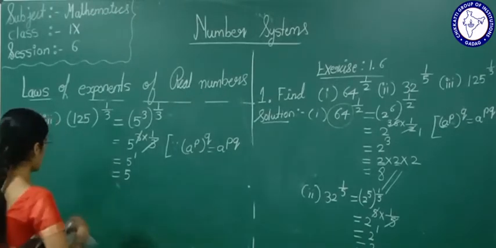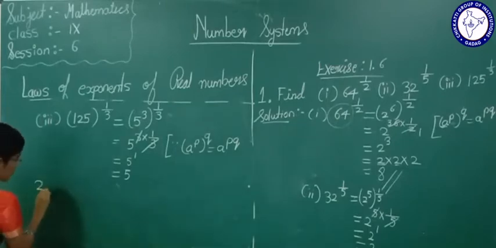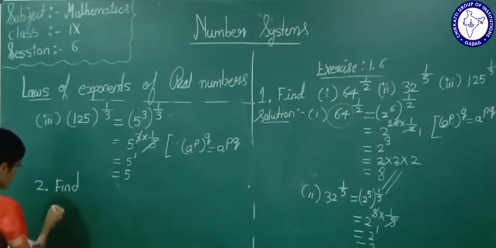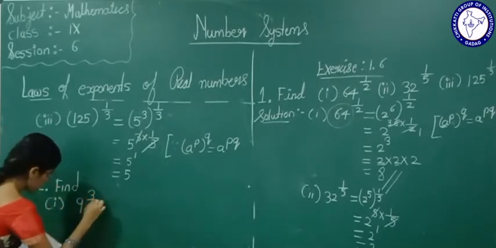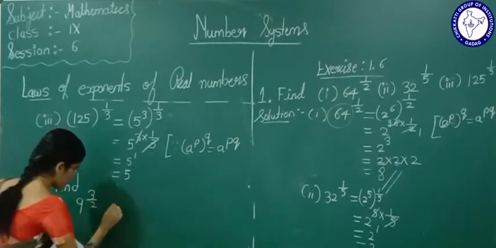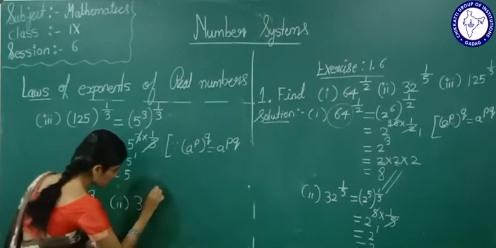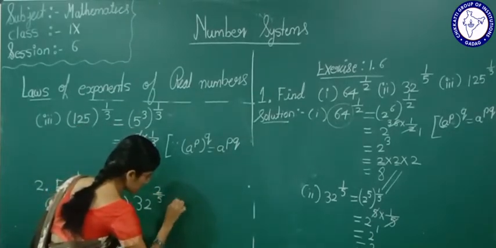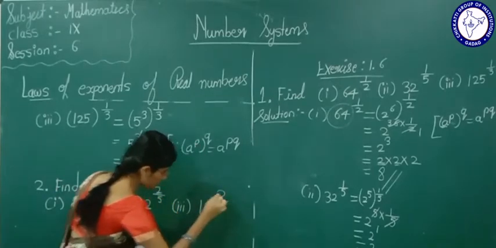Now we will solve the second exercise. Find the first one, 9 raised to 3 by 2. Second one, 32 raised to 2 by 5. Third one, 16 raised to 3 by 4.